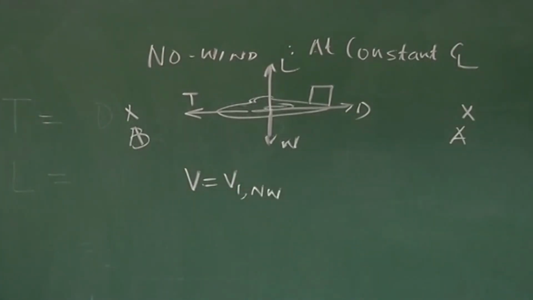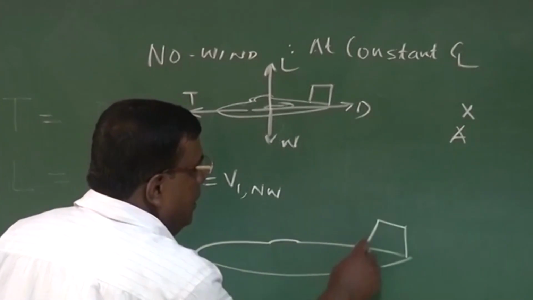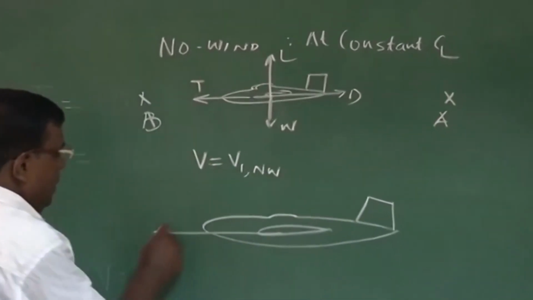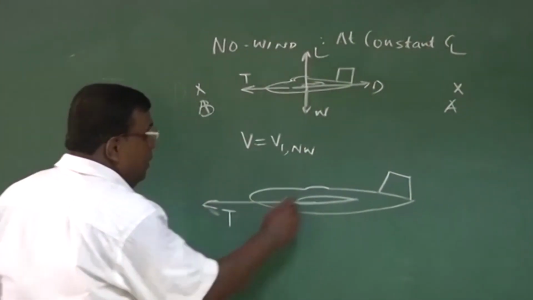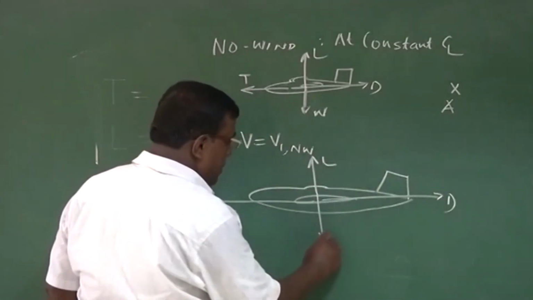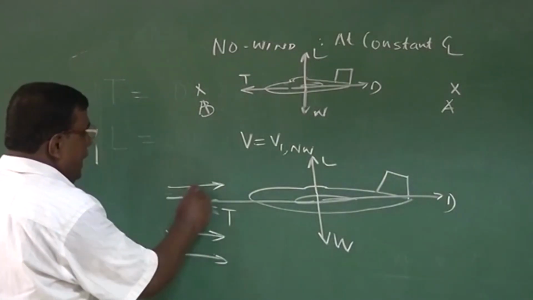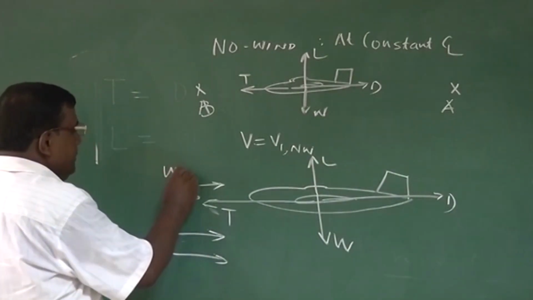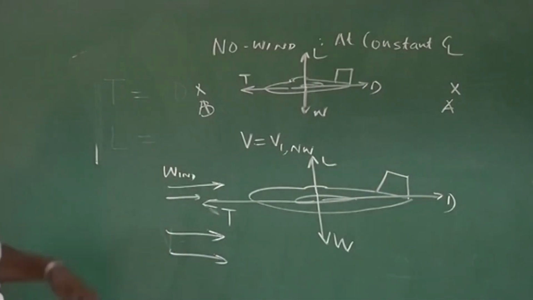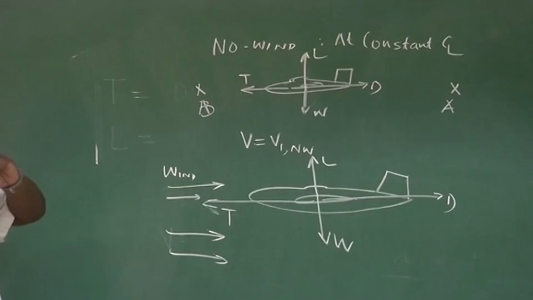What will happen if suddenly, in a similar situation, with everything remaining the same, there is a headwind blowing like this, say wind, and still I want to fly at this constant CL? Okay?